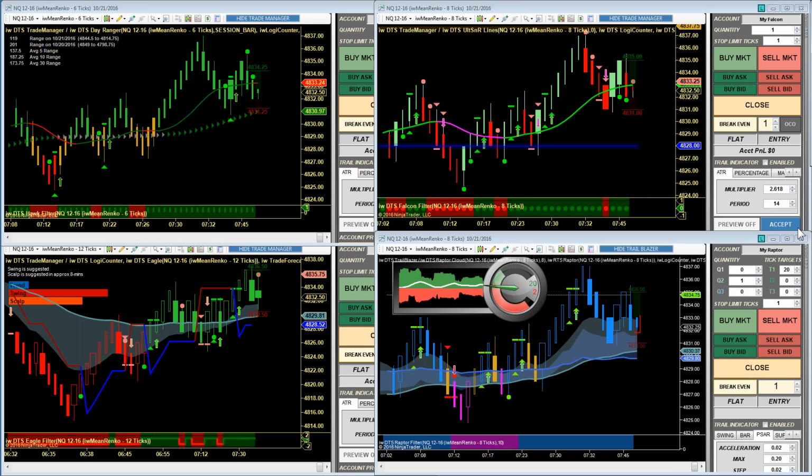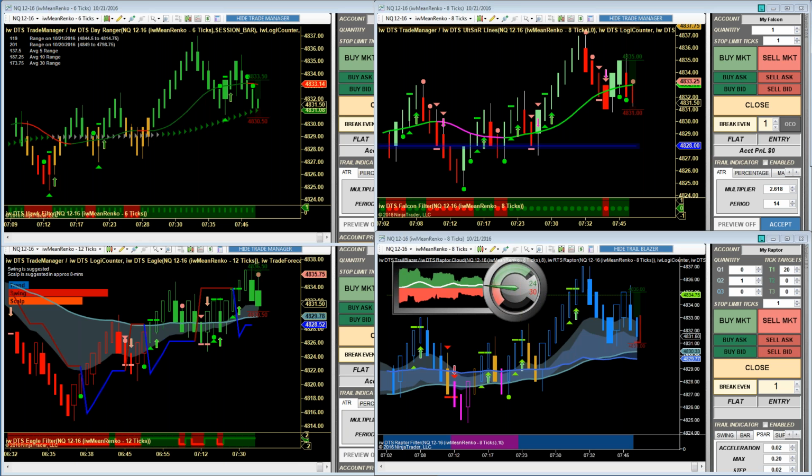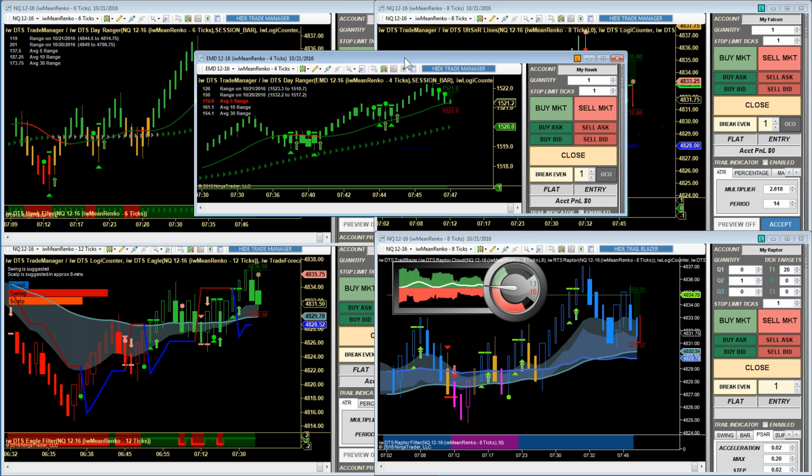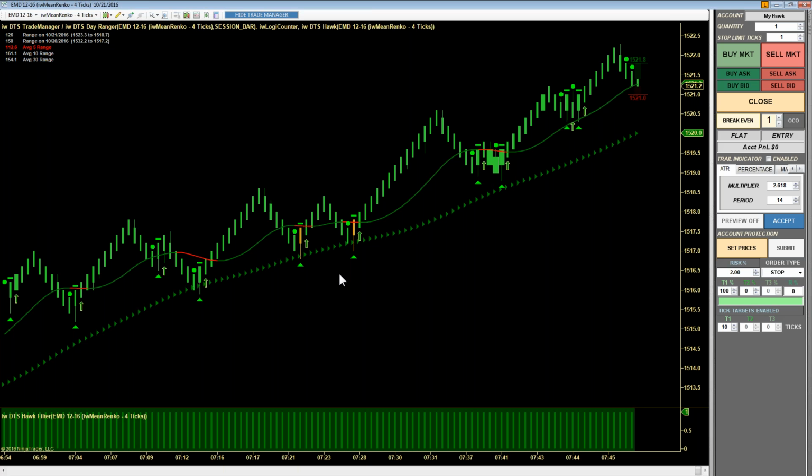The mid-cap and the Russell pretty much move together. Nice thing about the mid-cap is you can get some very nice signals and good follow-through.